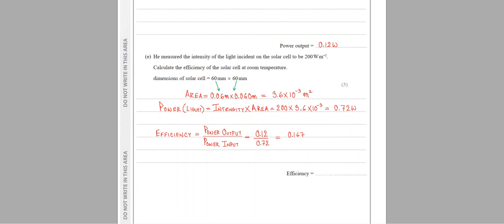That's my efficiency. It's not customary to always give the value of efficiency in percentage. You can also leave it in decimal, but it's fine if you just convert this to percentage. That's fine as well. And you can give your answer to 2 SF in this context.